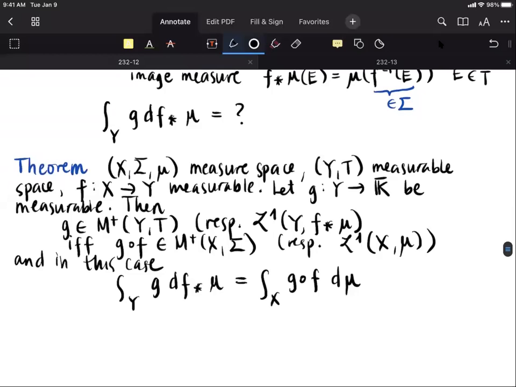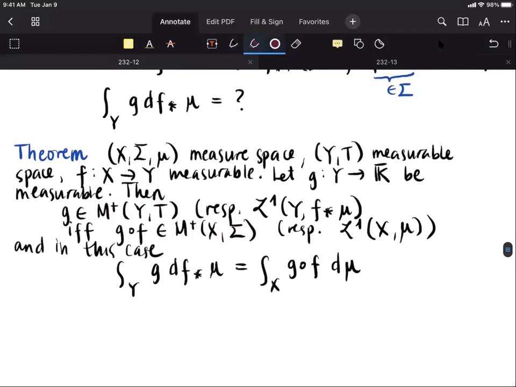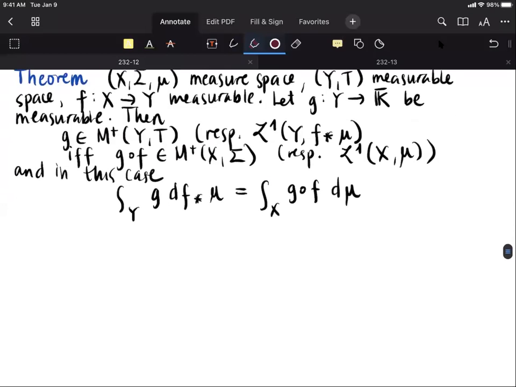Now, non-negativity and measurability of g and the composition being equivalent can be proved easily, since we know that the composition of two measurable functions is again measurable. With regards to integrability, it is enough to prove this equation, since if one side is finite, then the other is also finite.